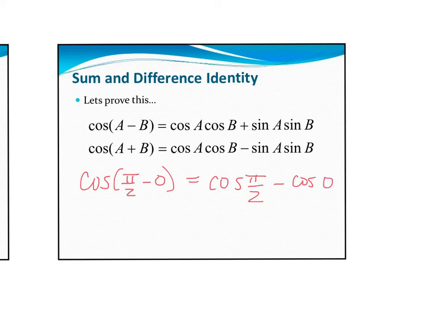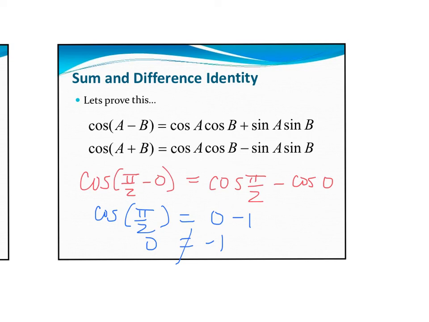What we were trying to determine is whether or not you can distribute the cosine function. And what we discovered is if we find the left side by doing order of operations, we have cosine of pi halves, which we know to be equal to 0, and we do the right side, cosine of pi halves is 0, cosine of 0 is 1, we get negative 1 on the right side. These are clearly not equal.